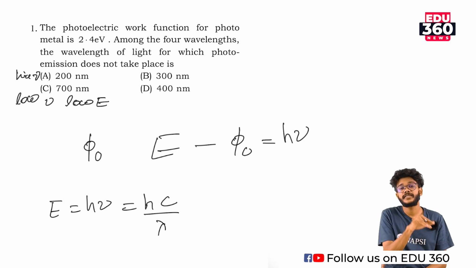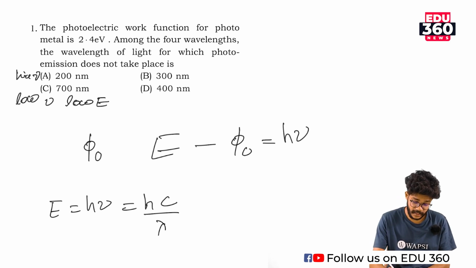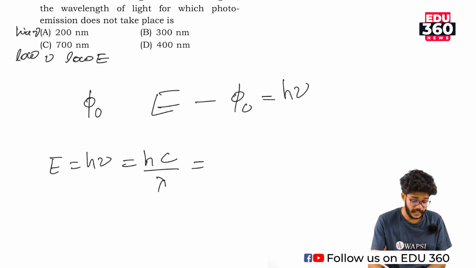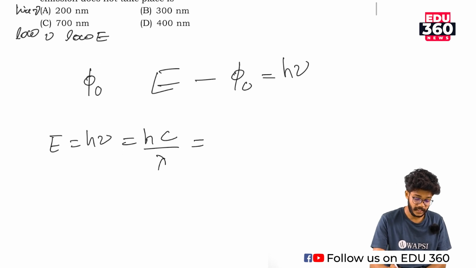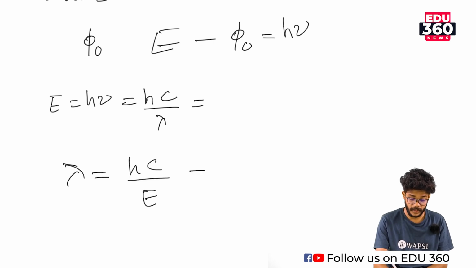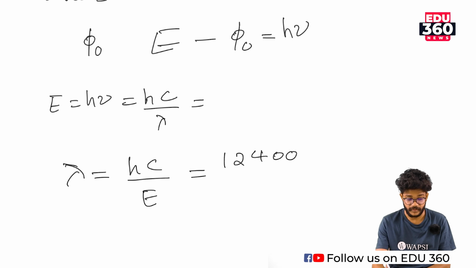After the mathematical calculation, we can write a simple equation: lambda is equal to hc by E, which is equal to 12,400 divided by the work function.